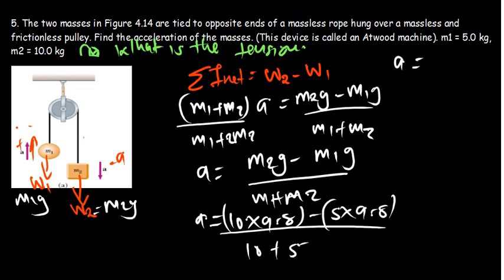Let's now see. It's going to be 10 times 9.8, which is 98, minus 5 times 9.8, which is 49. So 49 divided by 15. I'm getting 3.27 meters per second squared. So that's how you find the acceleration.